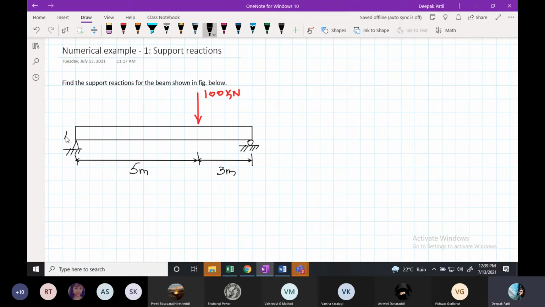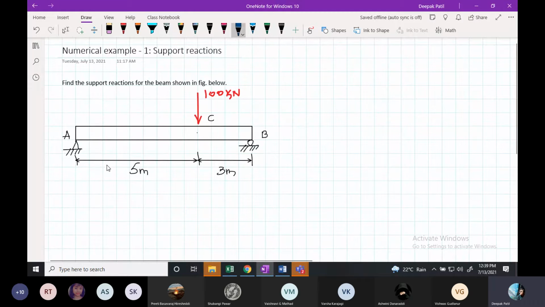Let me call this point A, this point B, and this point C. Now you need to find the value of the support reactions. So let us proceed.